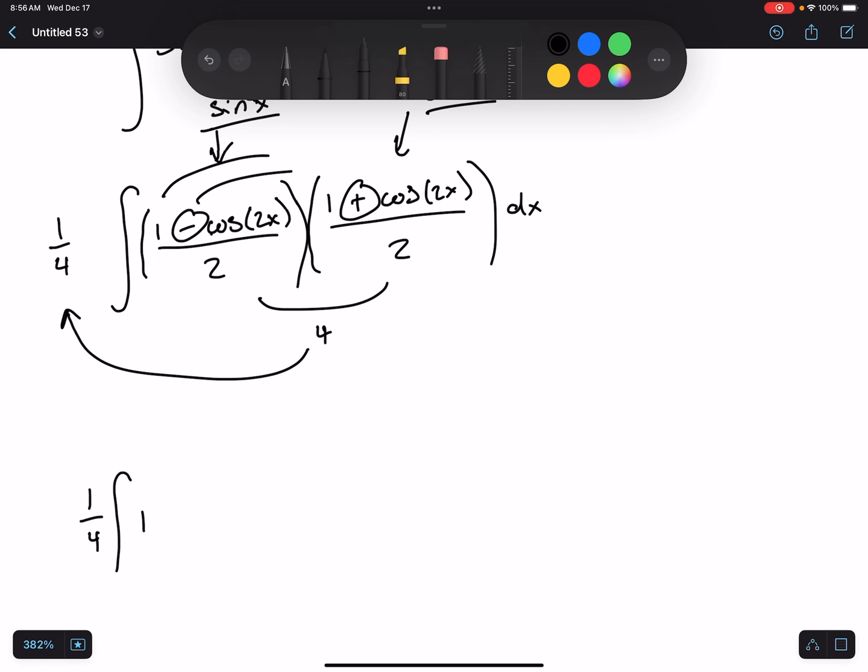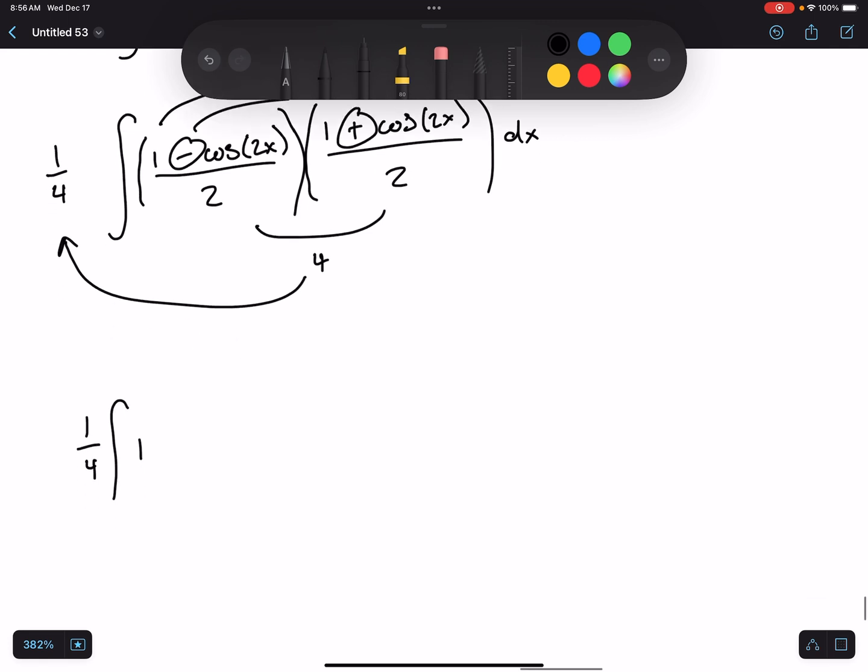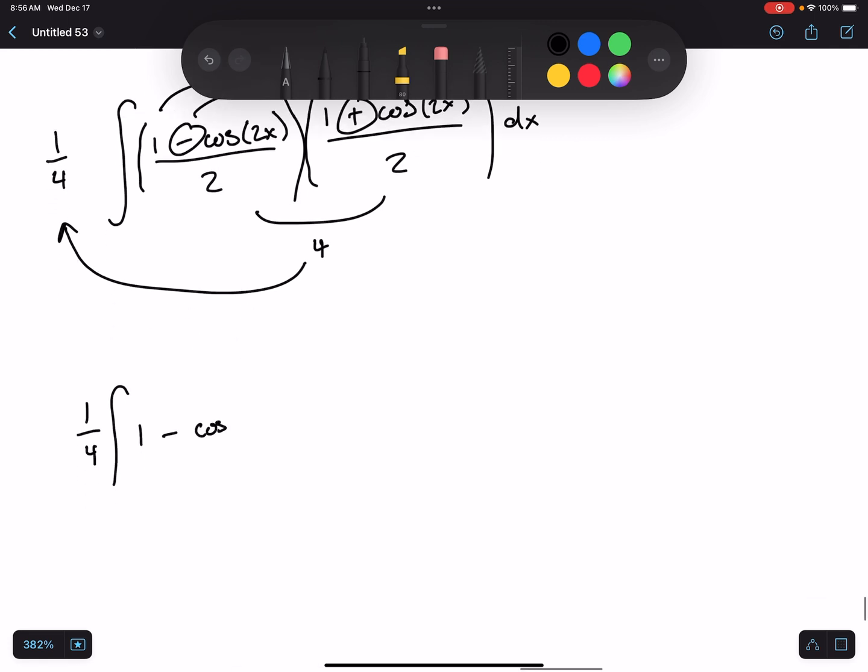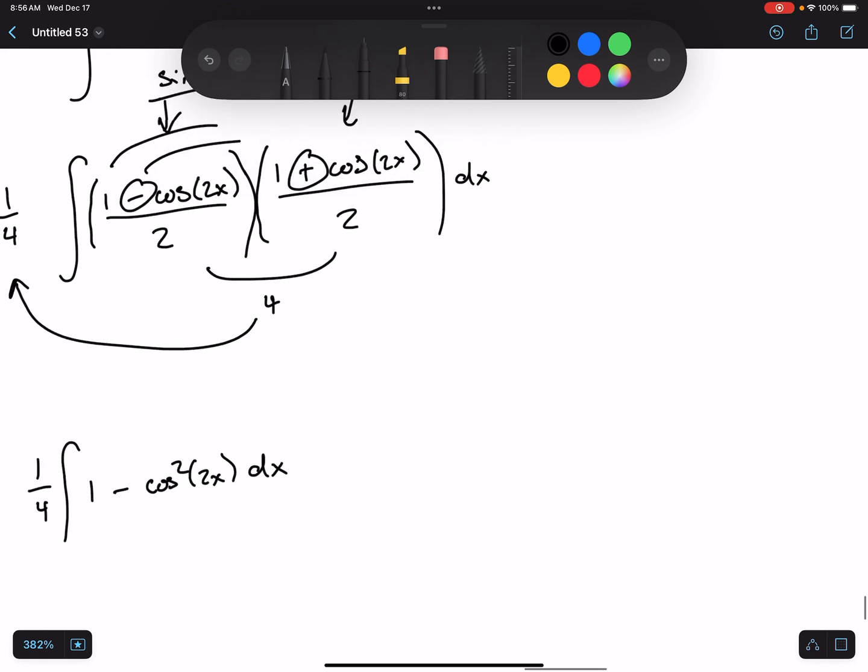And then we get minus cosine 2x times positive cosine 2x, and that results in a minus cosine squared 2x dx.